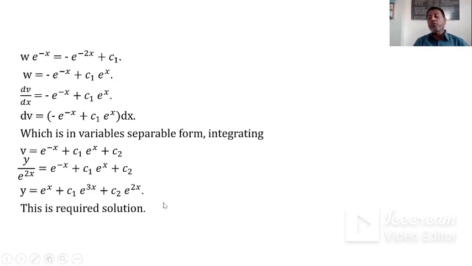This is the required general solution of the non-homogeneous linear differential equation by the method of reduction of order. I hope you understand this method properly. We have seen two examples of this type.